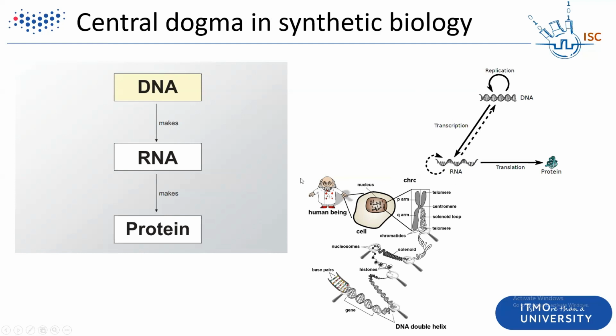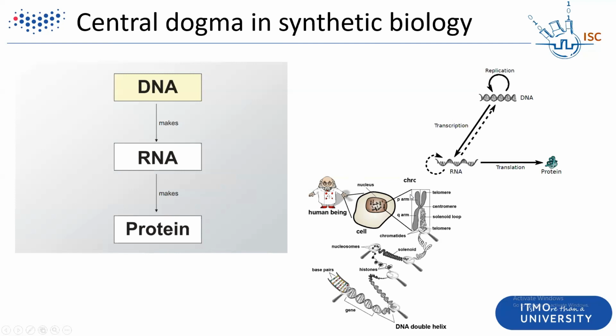To expand the picture, sometimes it's a very schematic representation of the central dogma. You could expand the picture, and you will see that here you have also the cell. It goes within the cell in a chromosome, and the chromosome is a very complex structure.